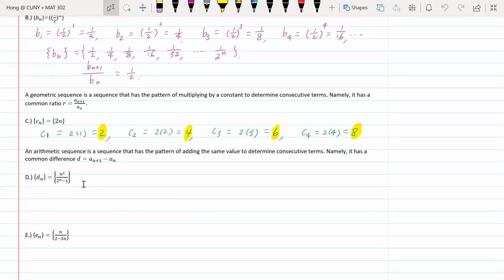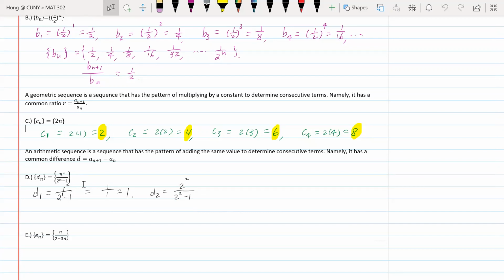D sub 1 equals 1 over 2 to the first power minus 1. So equals 1 over 1 equals 1, right? D sub 2 equals 2 to the second power over 2 to the second power minus 1.